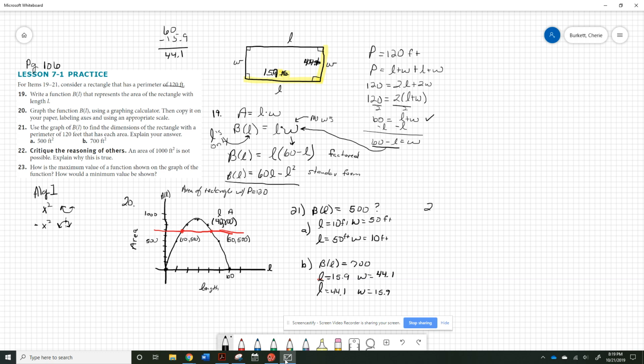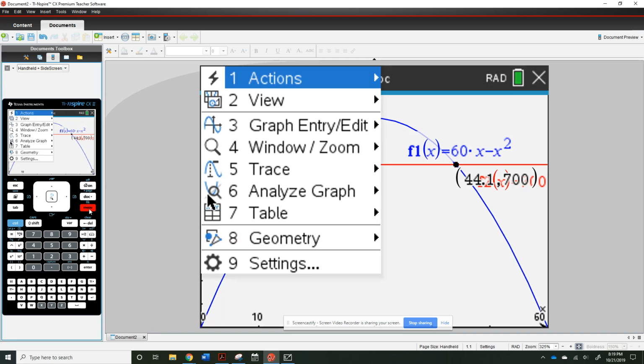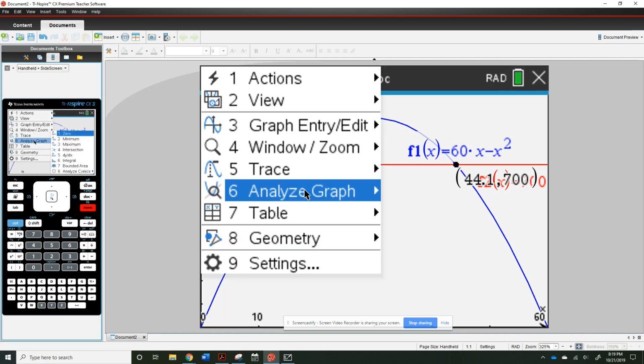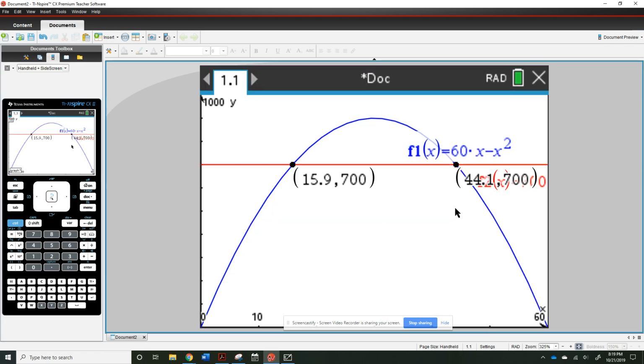Number 22, I'm almost sure I'm out of time. Will the area ever reach 1,000 square feet? And the answer should be no. Why? Because we found this maximum area right up here. Remember what it was? It was 900, I believe. Menu, 6, find the maximum.